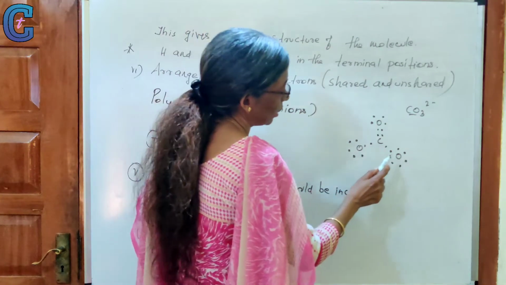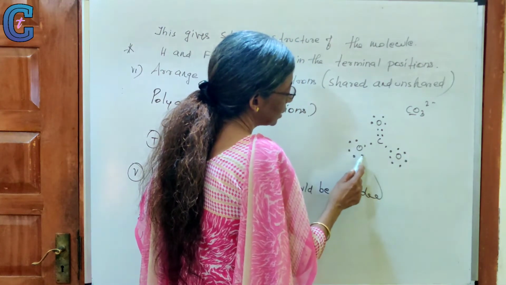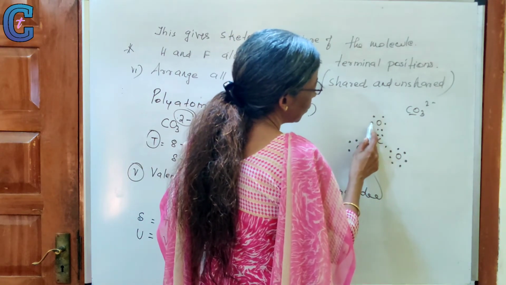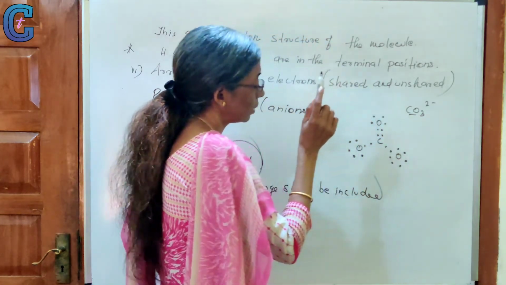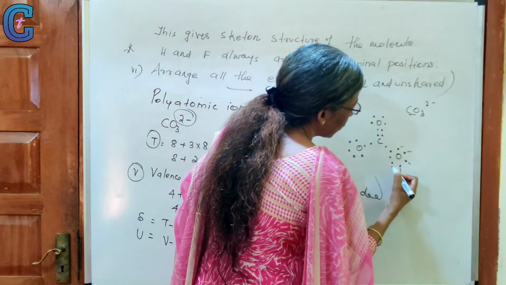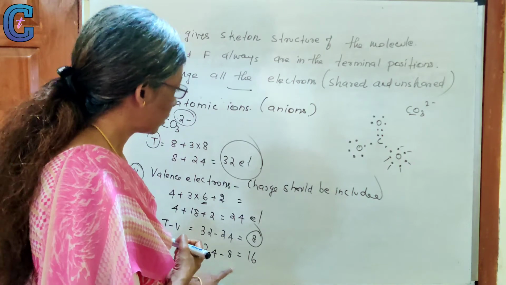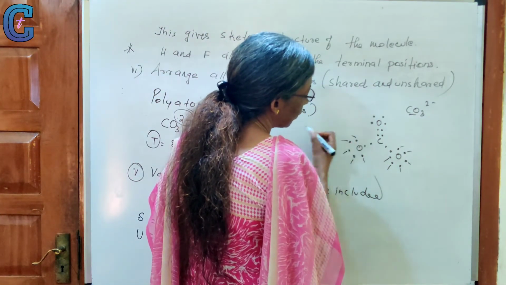You see unshared electrons: 1, 2, 3, 4, 5, 6, 7, 8, 9, 10, 11, 12, 13, 14, 15.